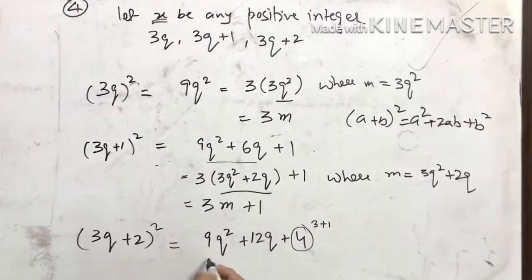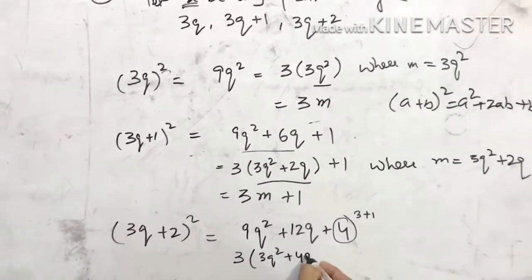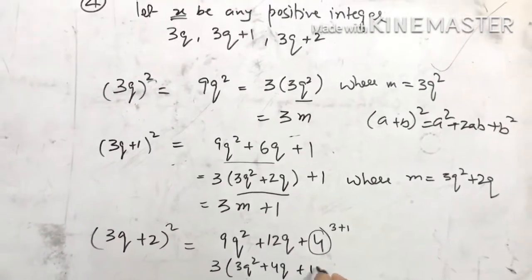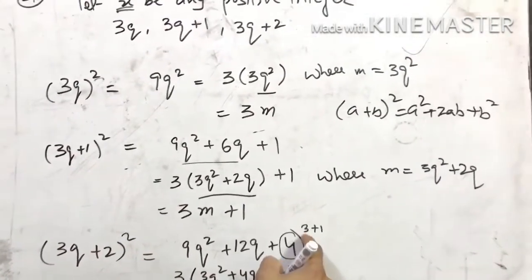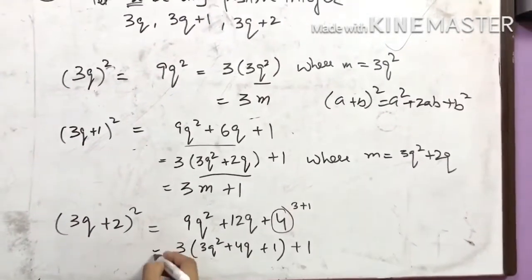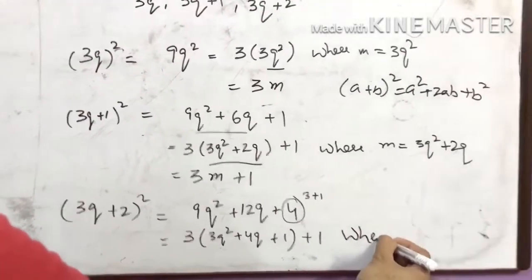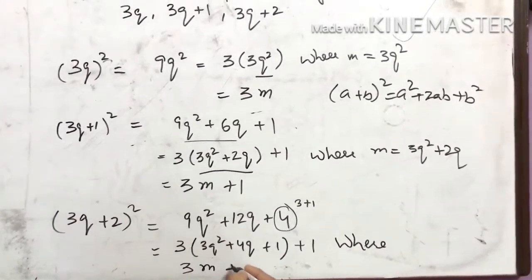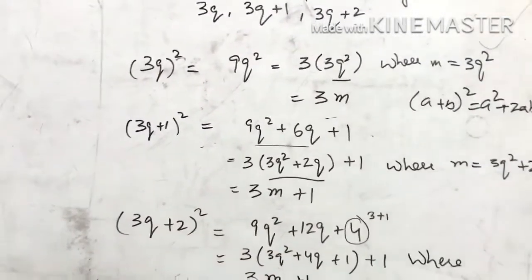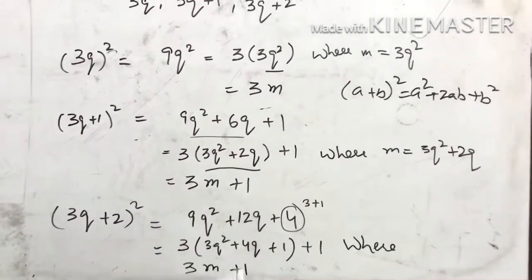So when you take 3 common from there, you will get 3q square plus 4q plus 1, because 3 ones are 3, so 4, and then 1 will be left, because 3 from 3 you have taken common and 1 will be left here. So you can write down where, put this value m. So you got 3m plus 1. Either you are getting 3m or you are getting 3m plus 1.